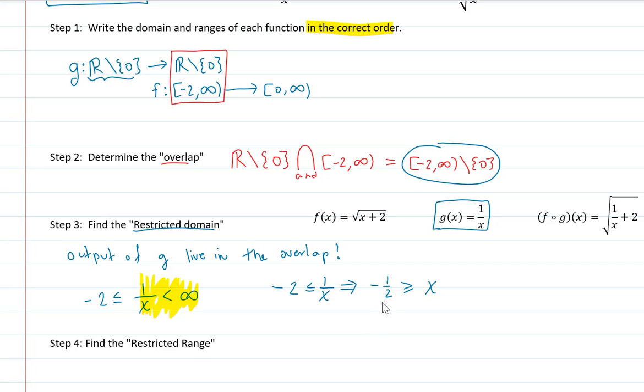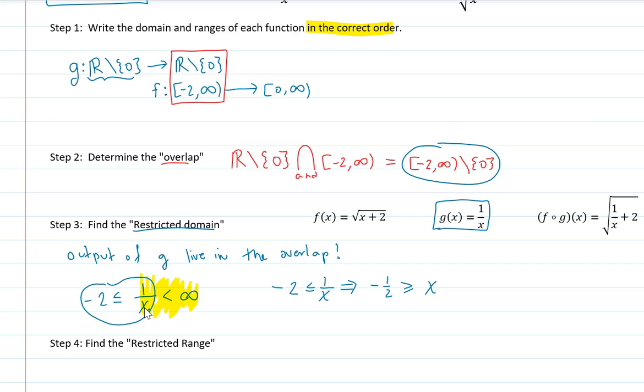Thus far, we have determined that the restricted domain has to be a number less than or equal to -1/2. But if we really think about this inequality, we can see other things as well. In particular, we can see that if x is any positive number, it satisfies this inequality.